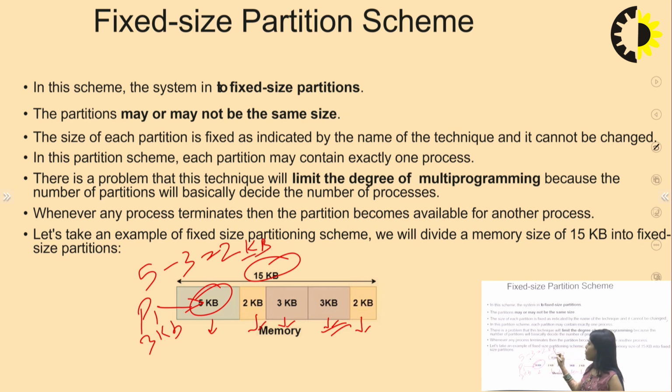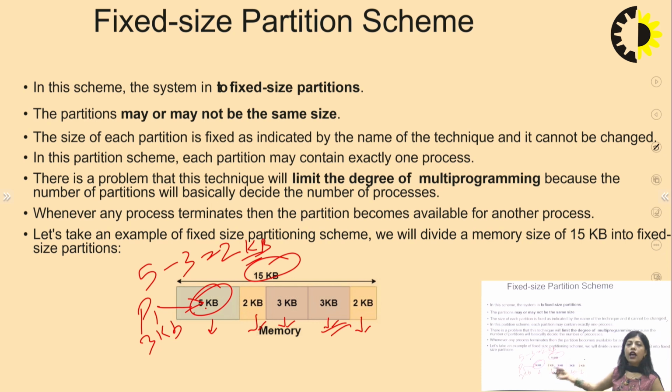So 2 KB of memory is wasted from the very first block because this block is allocated to process P1.